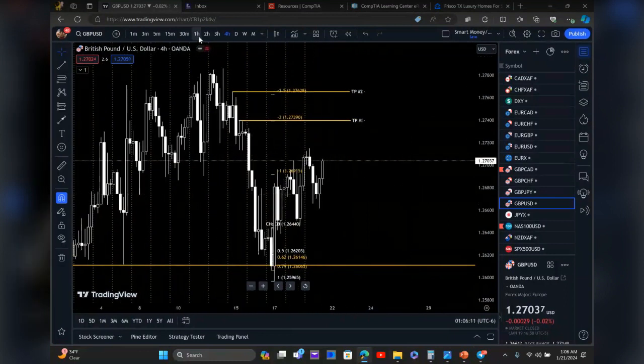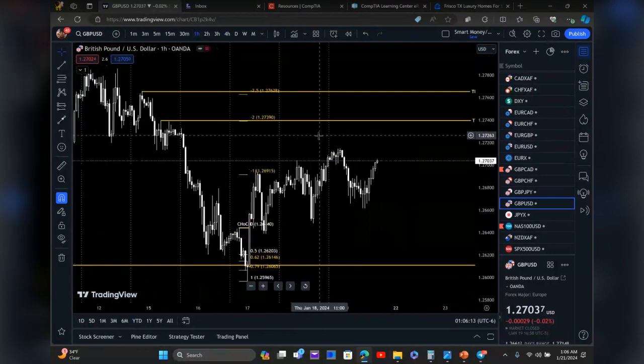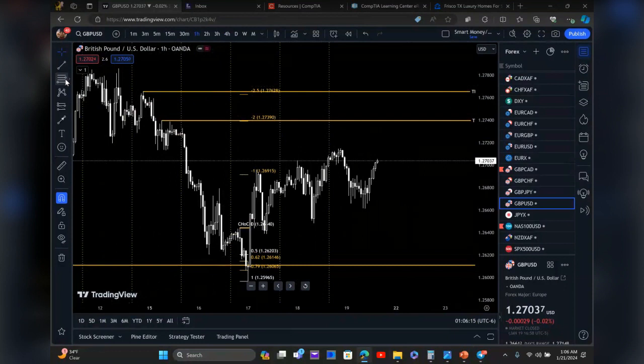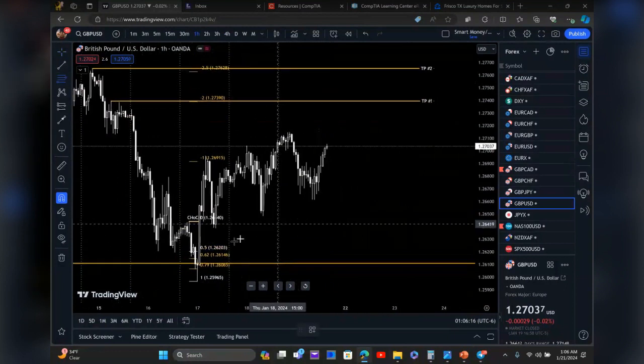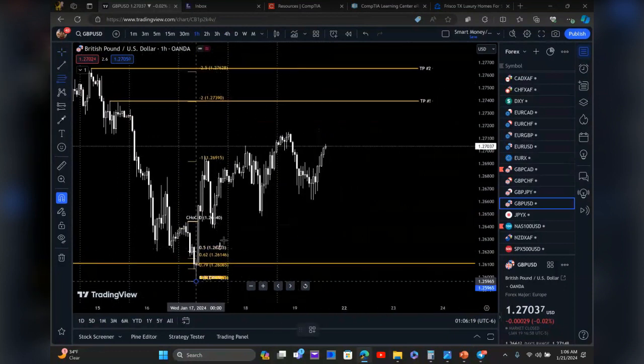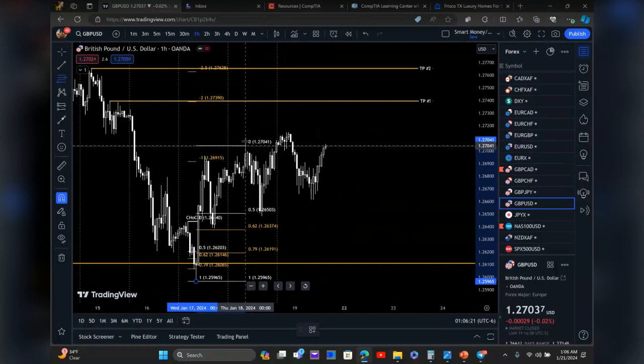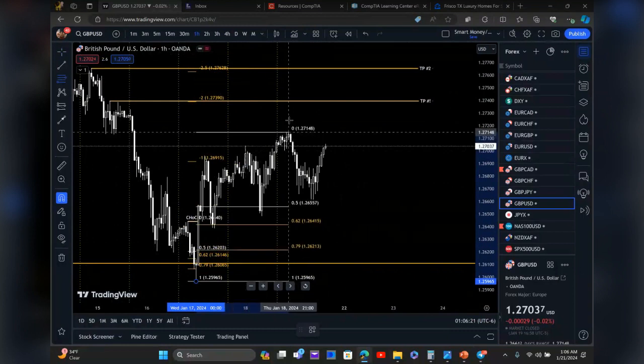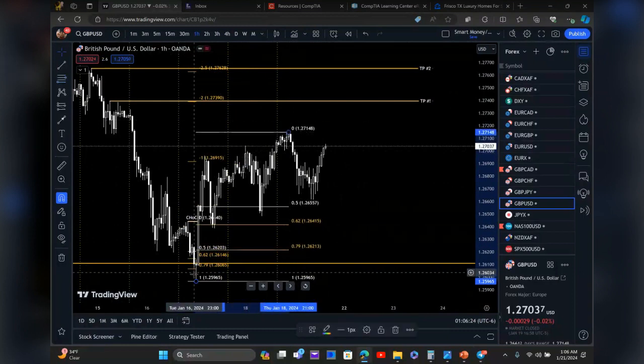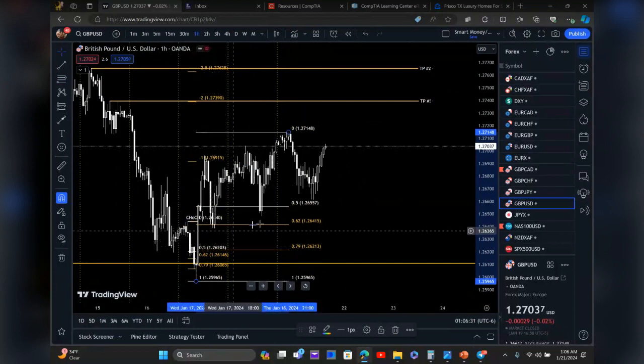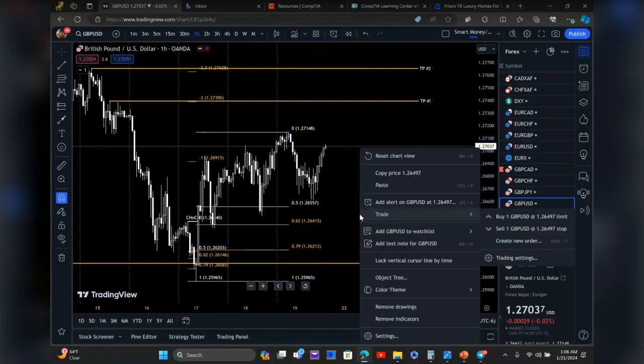And let's see, 1 hour. If I go from, say, let me see. This really hasn't retraced yet. If I go here, if this is the top of this range, from there to there, I'm going to look for my entry somewhere in here. See fair value gap? I would probably look for this.